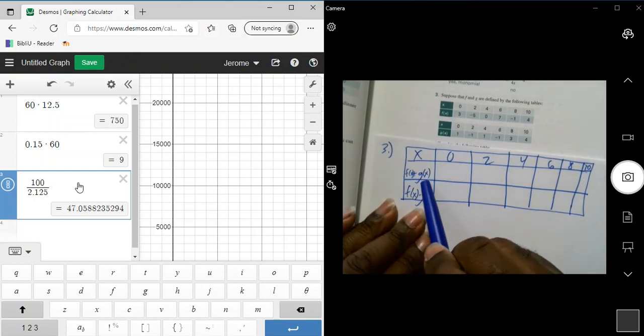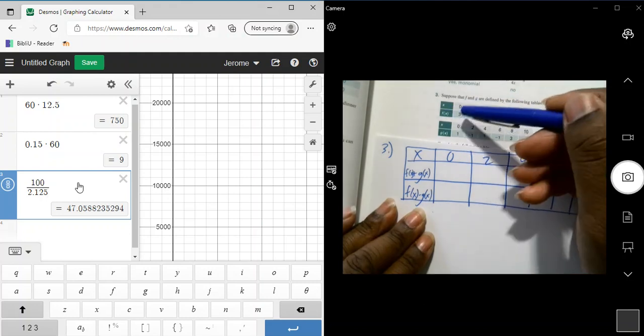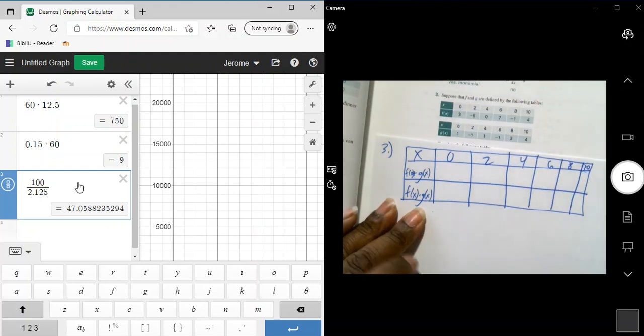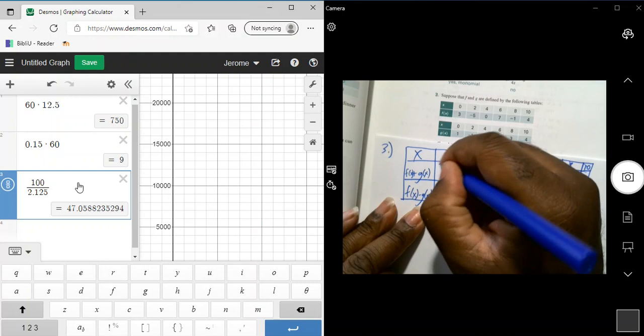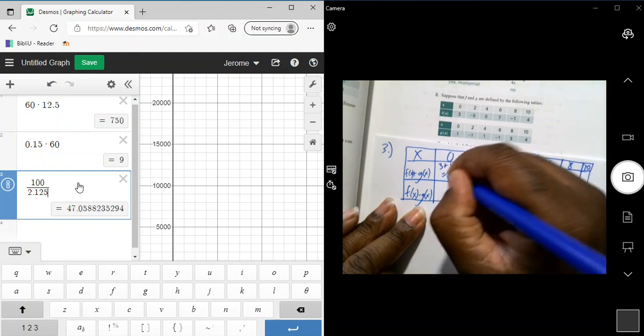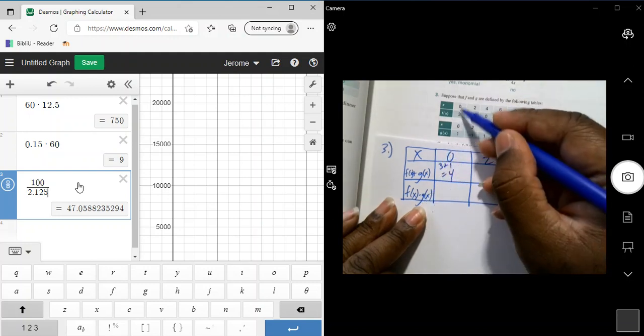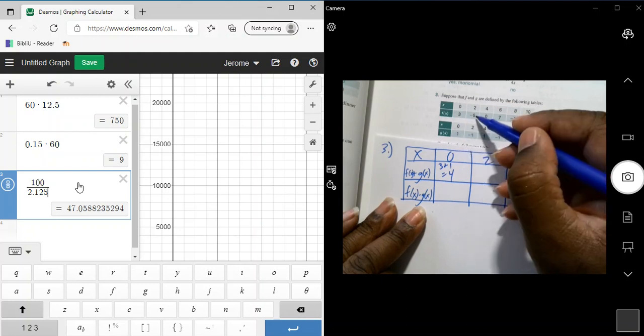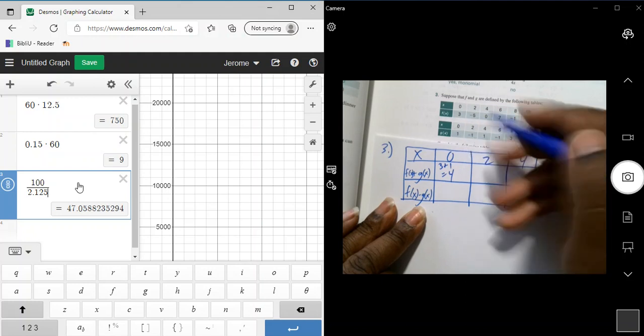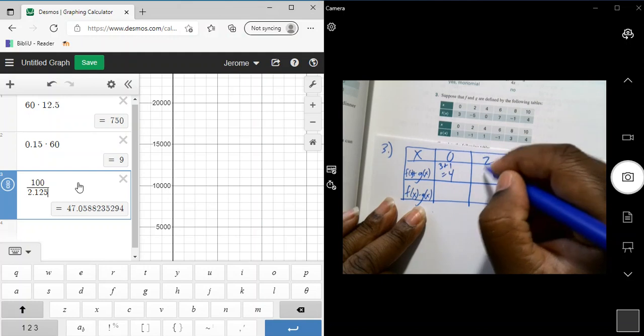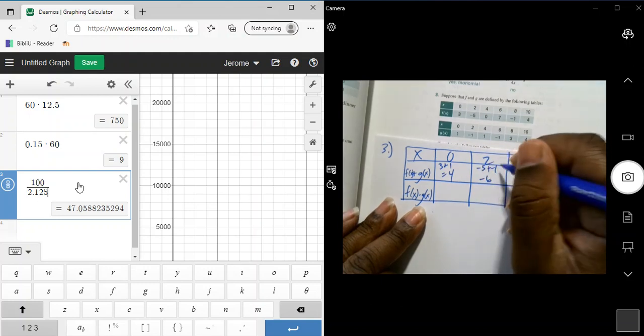The f of x plus g of x, we'll take f of x, which is 3, and g of x is 1. So we will have 3 plus 1, which would give us 4. And then f of x plus g of x, that'll be negative 5 plus a negative 1, which is negative 6.